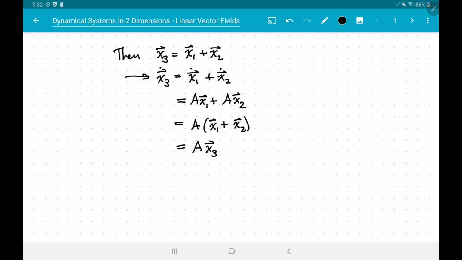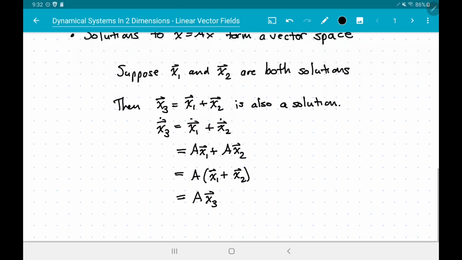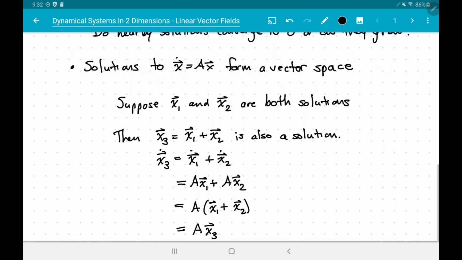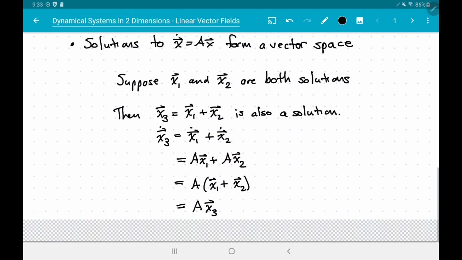So this sum function is also a solution. So that means that the set of solutions is closed under addition.